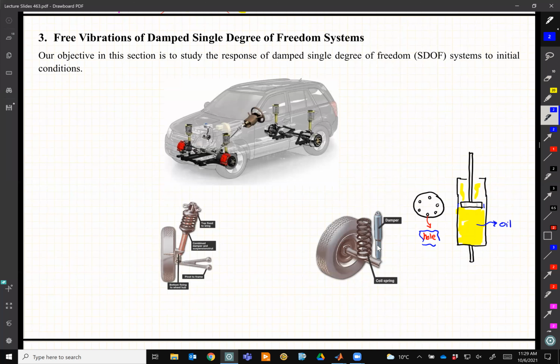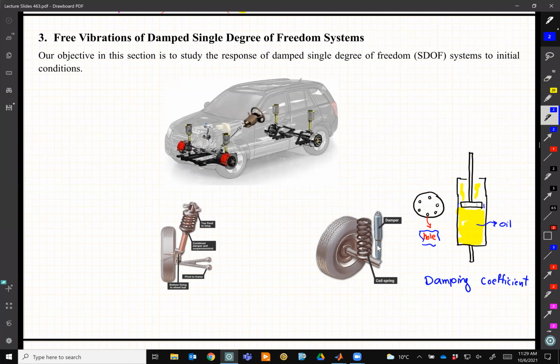You cannot push it down or do anything with it, right? The bigger these holes are, the more easily you can move it up and down. And we associate with each damping something which we call the damping coefficient. And that damping coefficient depends on those little holes.